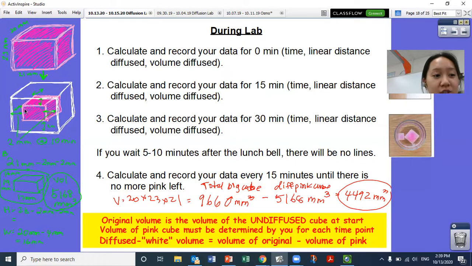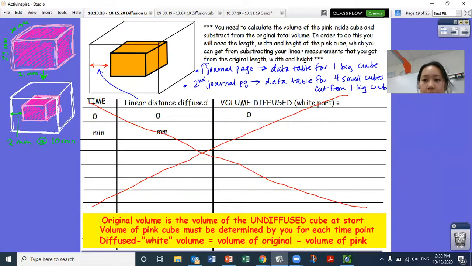Because the original dimensions now match the dimensions of where the white part is. And you just calculated the volume of the pink. So you're going to be taking this total volume and subtracting the small volume in order to get the volume that has been neutralized by the hydrochloric acid. Okay, so for each time point, we're going to be calculating that. And that's related to the table that you set up for each one.